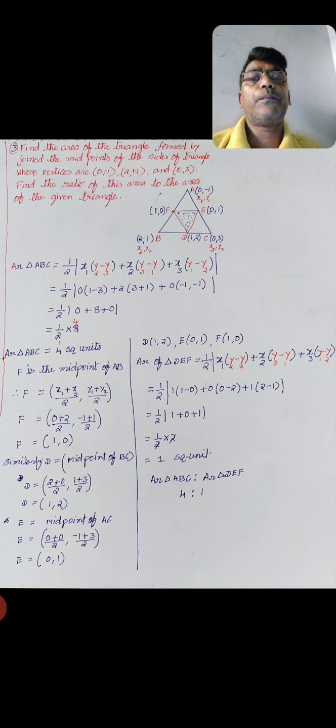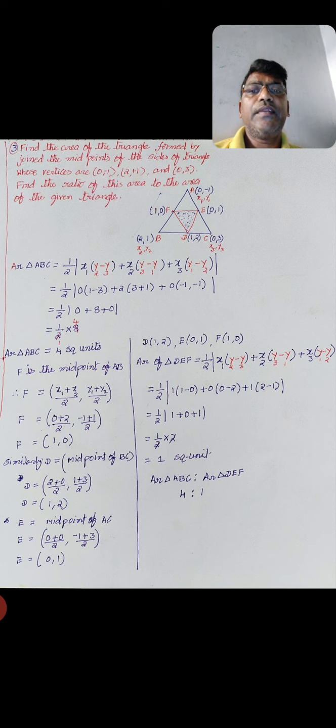In the bigger triangle, the midpoint of AB is F, the midpoint of BC is D, and the midpoint of AC is E. F is the midpoint of AB, so according to the formula x1 plus x2 by 2 comma y1 plus y2 by 2, F equals 1 comma 0.